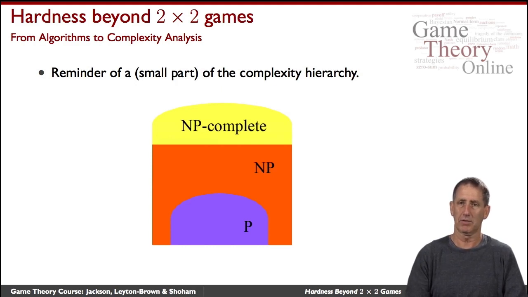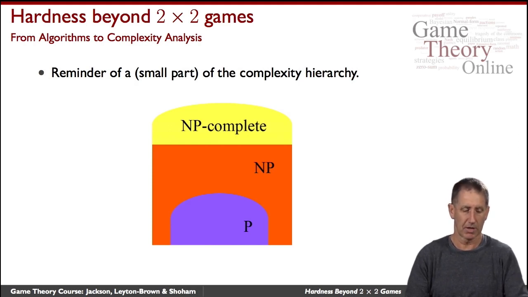We're looking at whole classes of problems, such as the class of all games and the problem of determining a sample Nash equilibrium in those games. And we look at how hard that class is as a whole. Here is a small part of the complexity hierarchy.